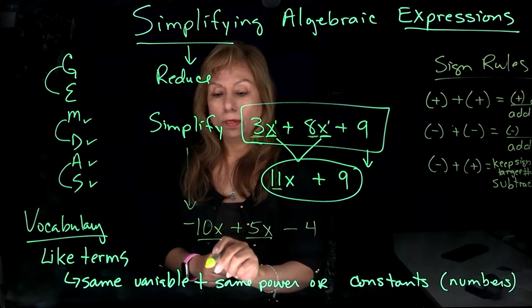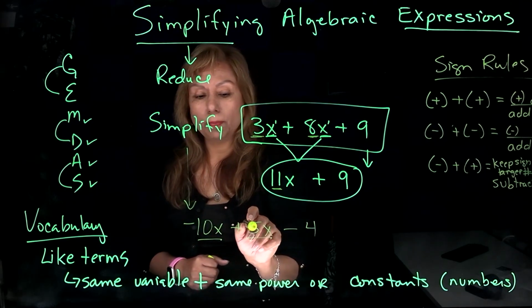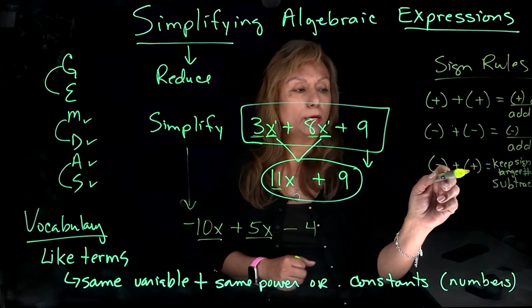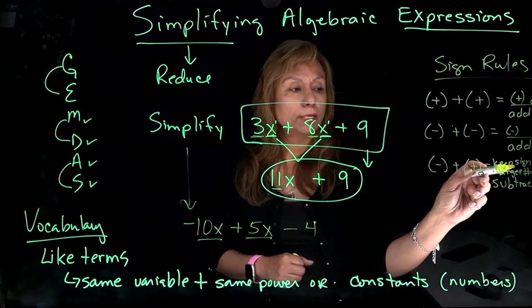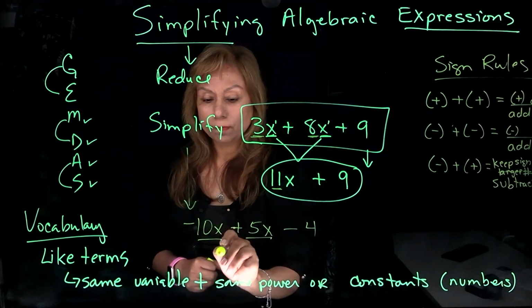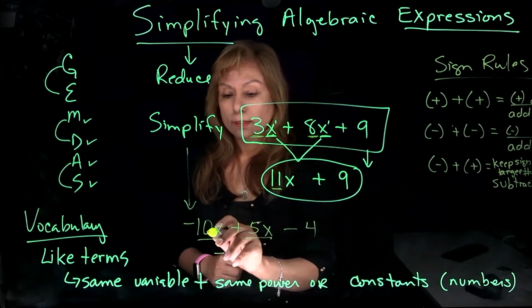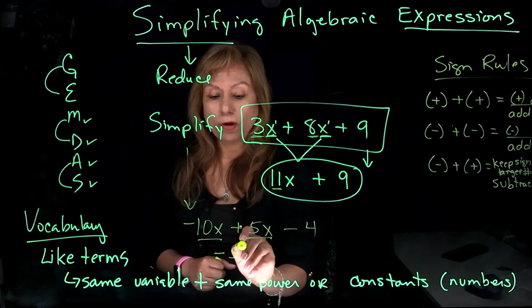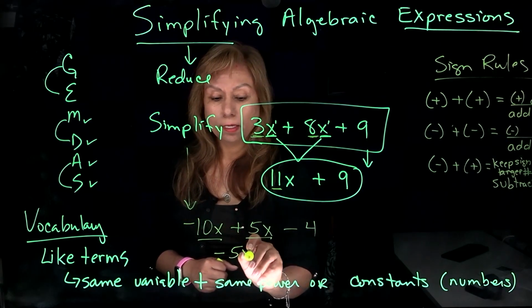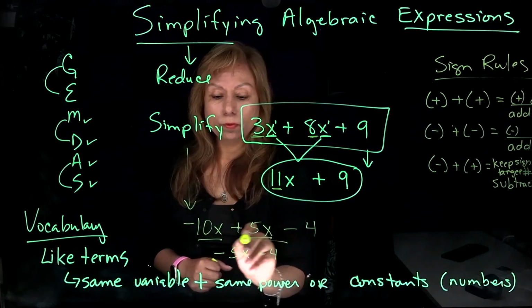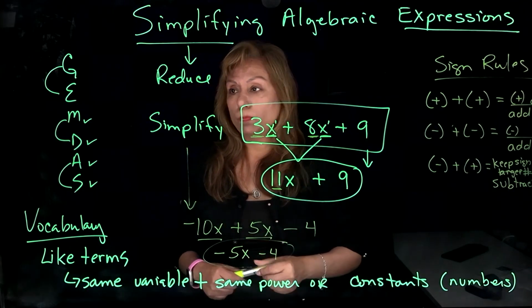X, same power. But I have a negative 10 and a positive 5. Opposite signs. Keep the sign of the larger number, and we subtract. 10 minus 5, that would be 5. Remember to keep the sign of the larger. Keep the variable. And this would be simplifying an algebraic expression.